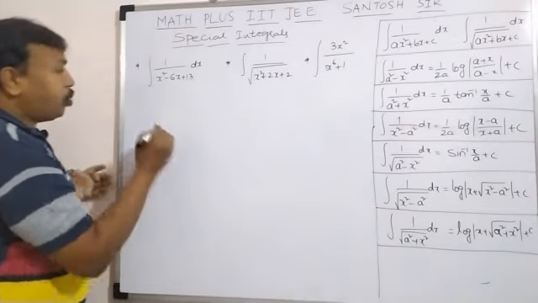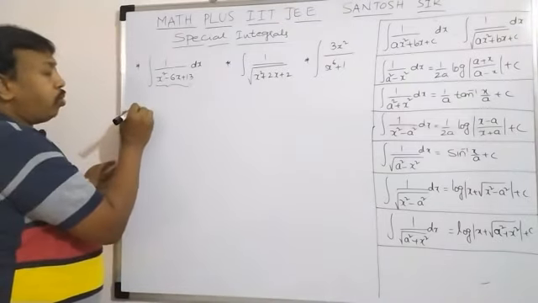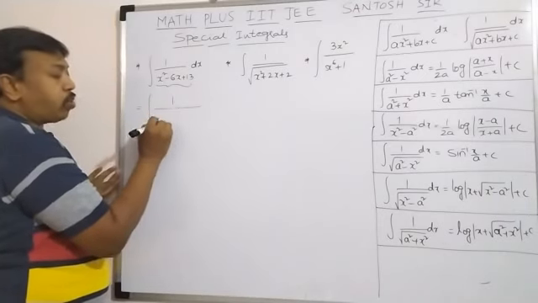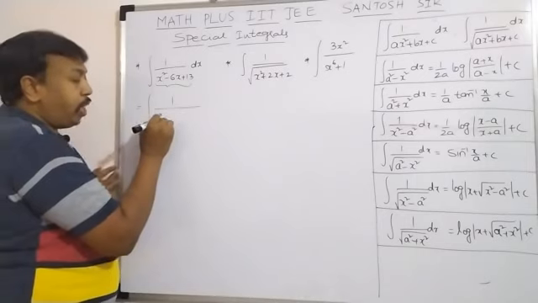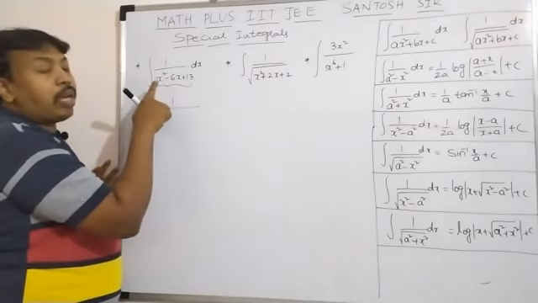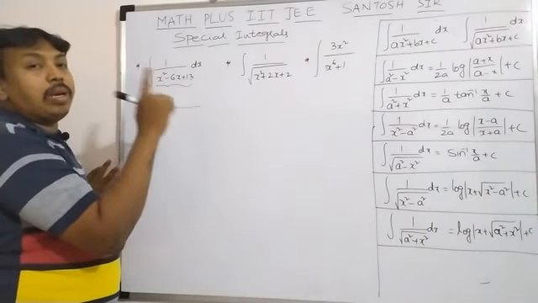I am going to make this a perfect square. For that, you need to remember the formula a square plus 2ab plus b square, or a square minus 2ab plus b square.